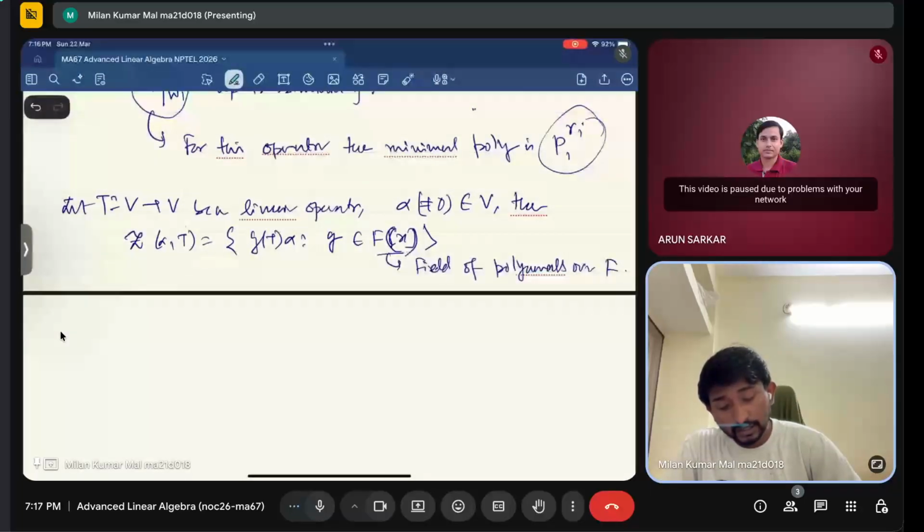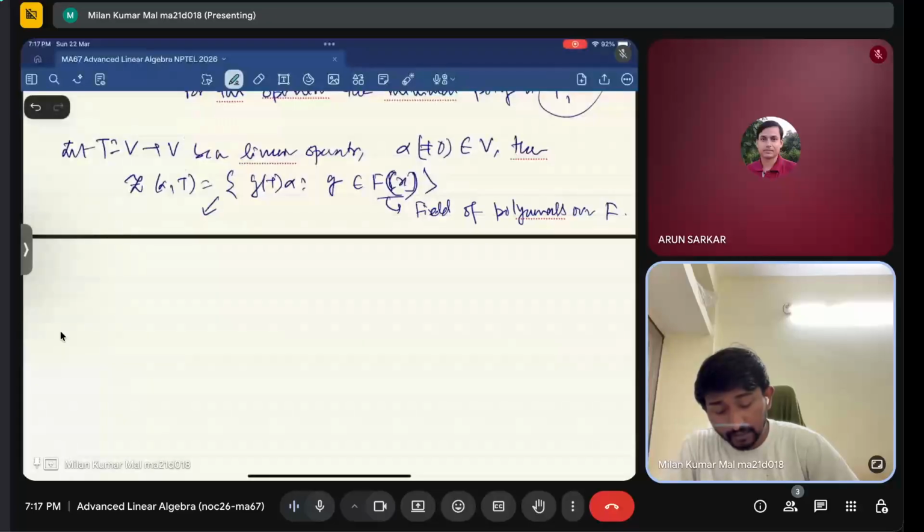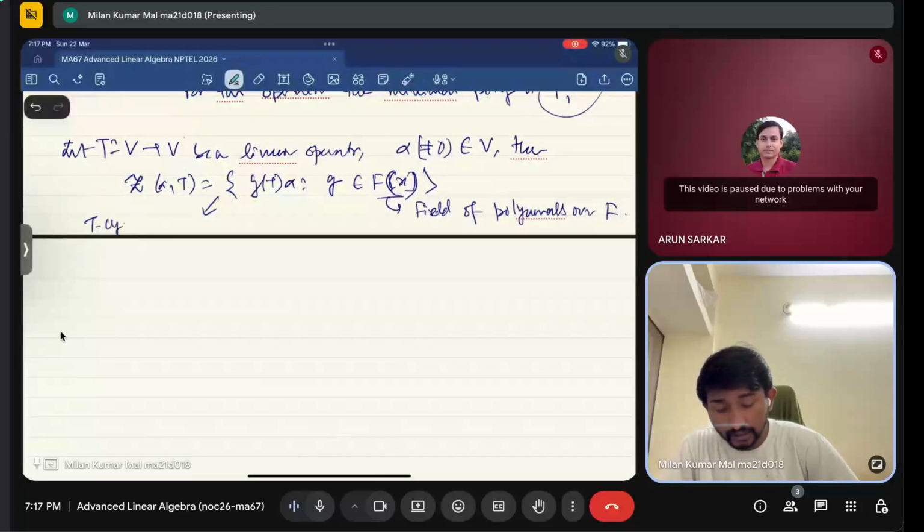This is called the T-cyclic subspace generated by alpha.